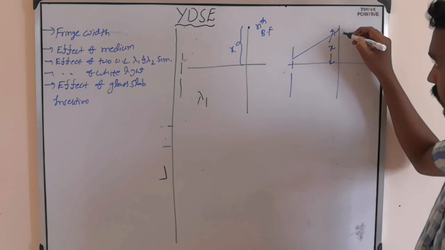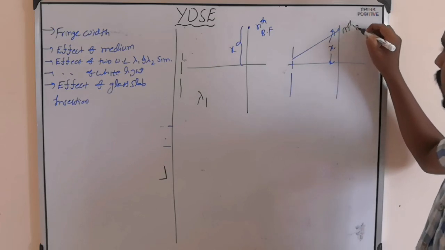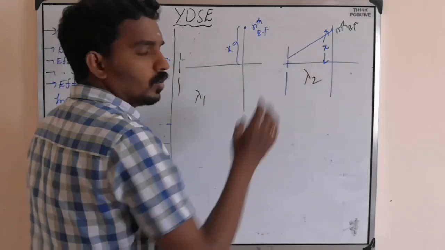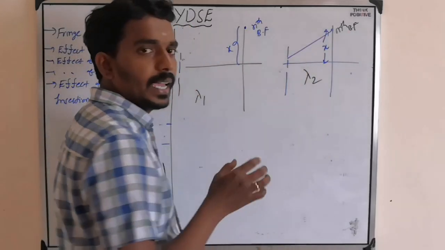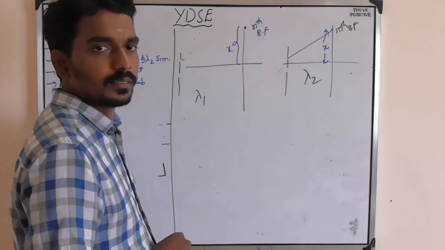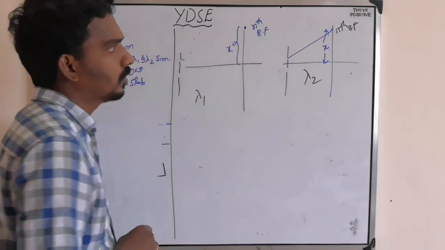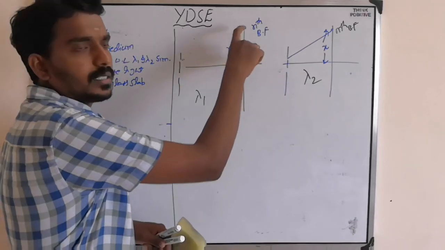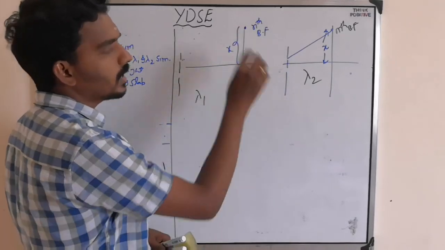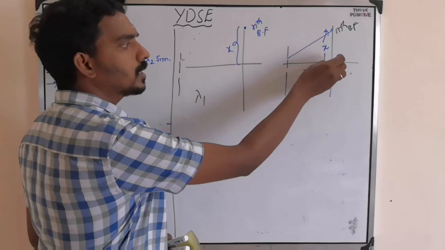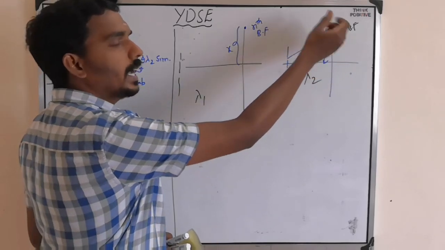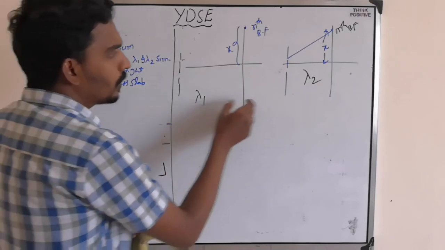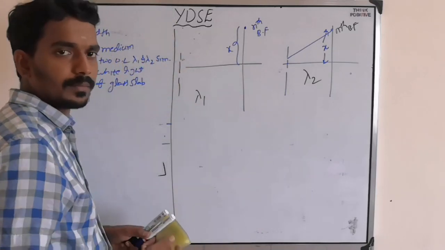Now the mth bright fringe came. So here, at the same distance from the center, there is the nth bright fringe. Here, at the same distance from the center, the mth bright fringe we got, where different wavelengths were used one after the other.